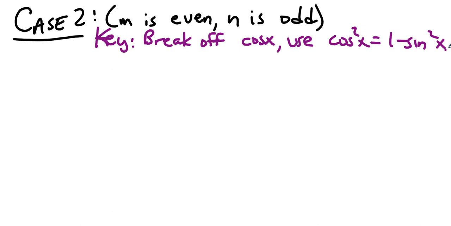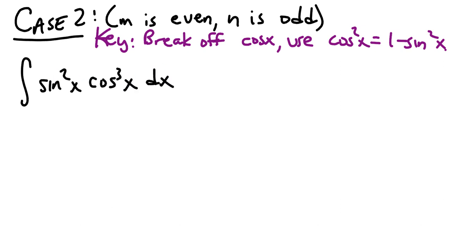And you're thinking to yourself, I think we've played this before, and we have. So let's just show what that looks like. So the power on sine is even, so it's not case 1. The power on cosine is odd, so it's case 2.